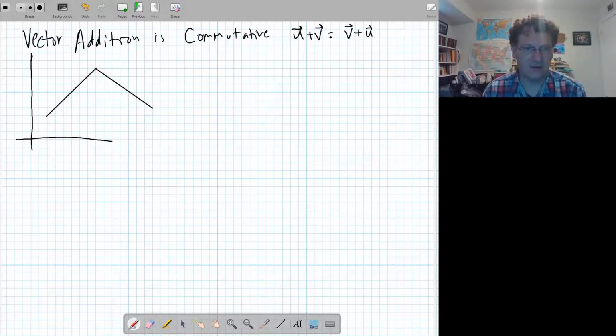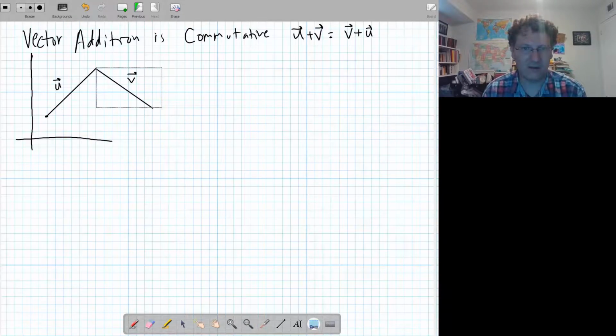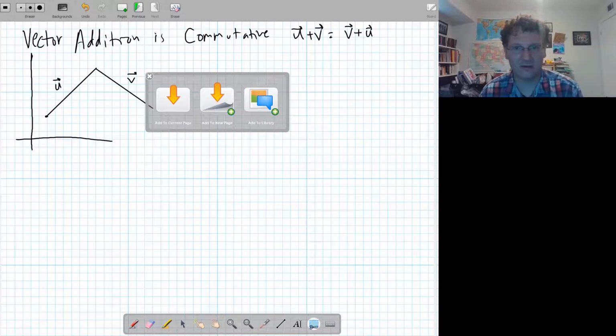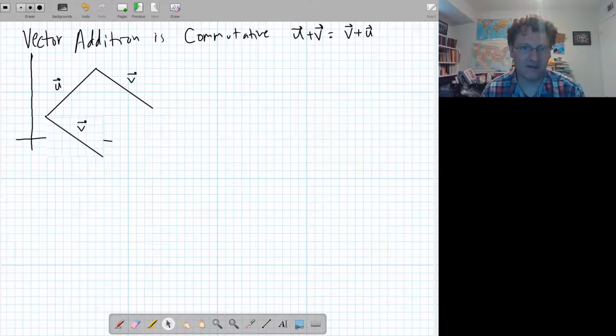If this is the vector u and the vector v, if we were to start at this point here and go in the direction of v, let's see if I can do this. I'm going to paste that here, see if this works.